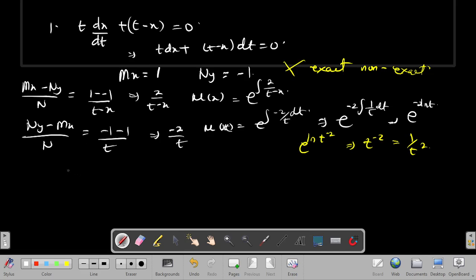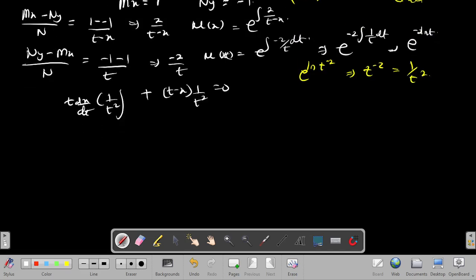So I'll have t dx, multiplying 1 over t squared, plus (t minus x) multiplying 1 over t squared, dt, equal to 0. Now let's simplify back again.